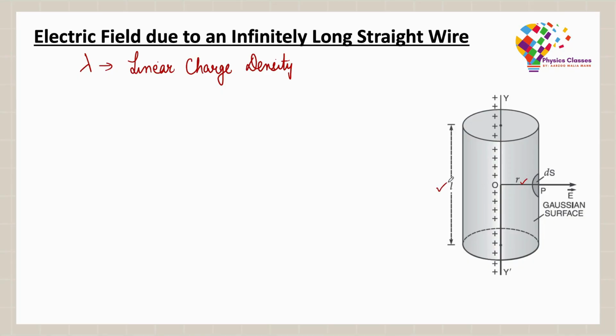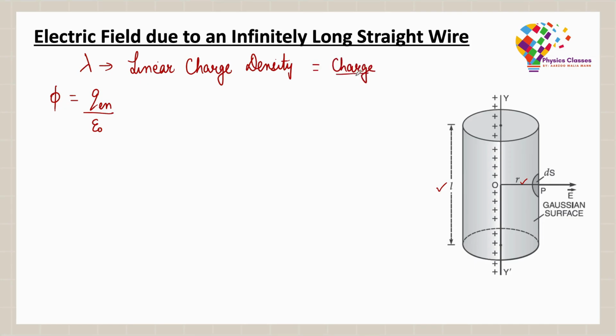So as per Gauss law, I already know that the electric flux can be written as the total charge enclosed by epsilon naught. Now in this situation, if my linear charge density is lambda, that means this is the charge per unit length.